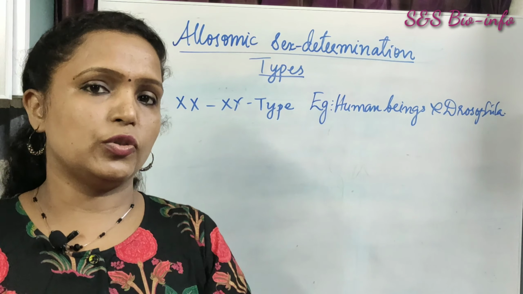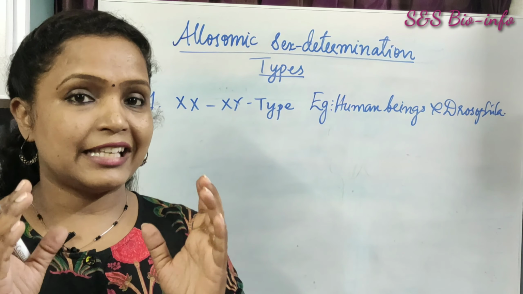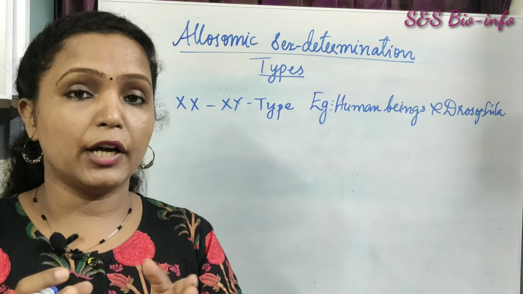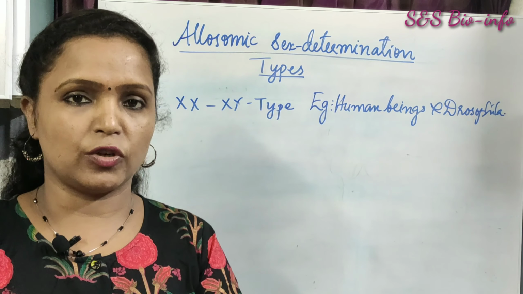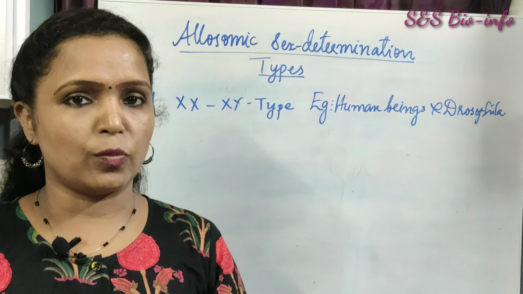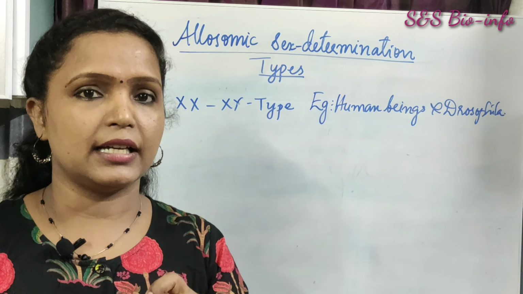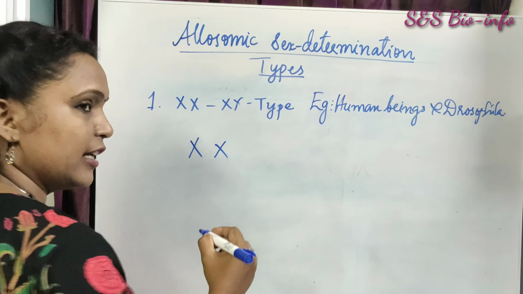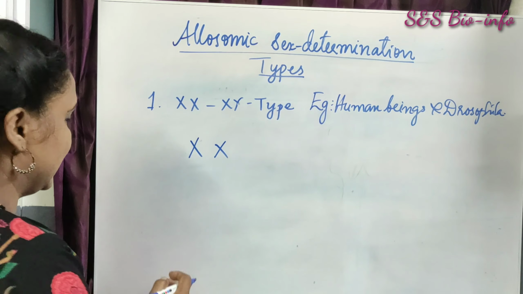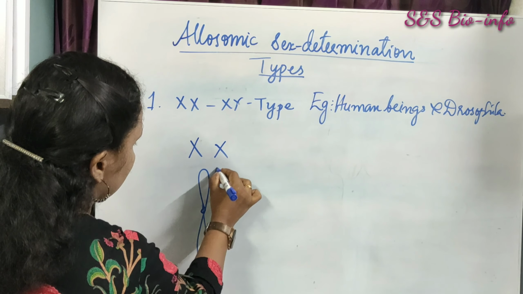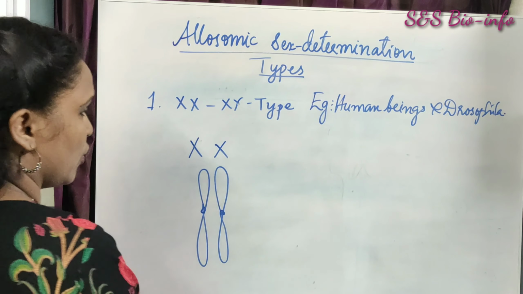Human beings and Drosophila have sex chromosomes in them. Females have a pair of homozygous X chromosome, while the males have a dissimilar set of sex chromosome, that is hemizygous type. So here XX chromosome, I represent by using the diagram. Suppose this is one X chromosome, another X chromosome.